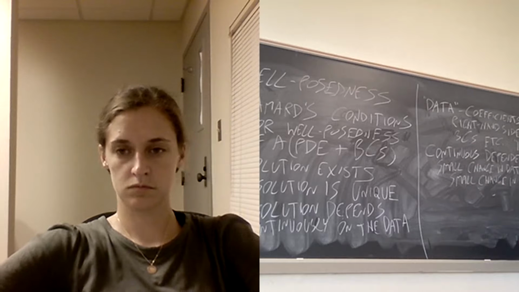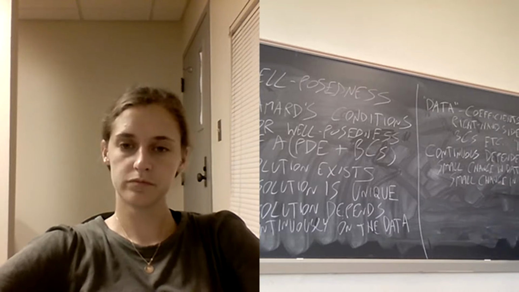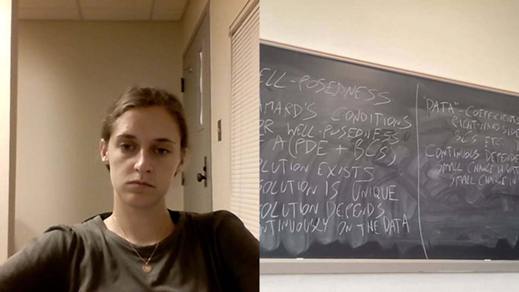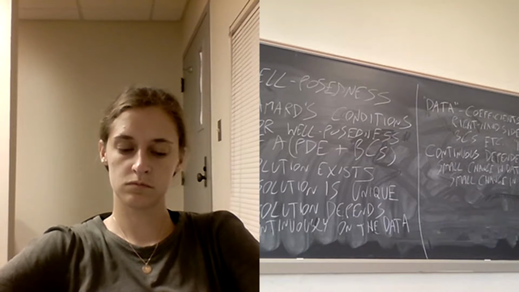All right, you don't have a situation where you tweak the data by a tiny amount, like something along the lines of round-off error, and then your solution changes by a huge amount. So, in fact, I can relate this to a very important concept that has been discussed in numerical analysis courses.